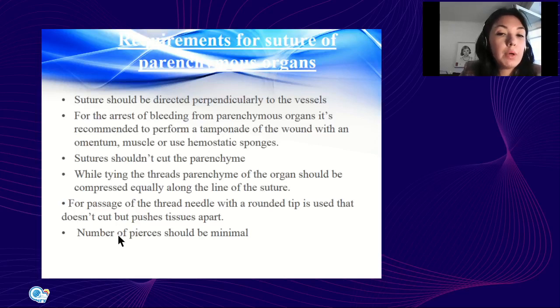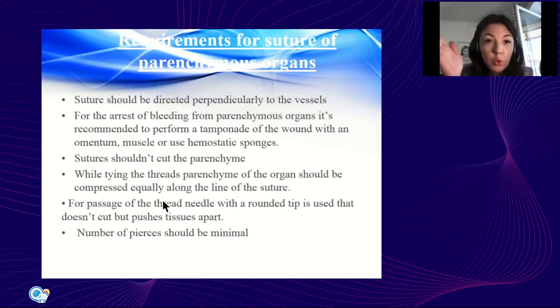For passage of the thread, a needle with a rounded tip is used that doesn't cut but pushes tissues apart. So it is like a piercing needle, but even this piercing needle should be with a rounded tip, very soft. It does not cut anything. It just should separate the tissues for the needle to pass.